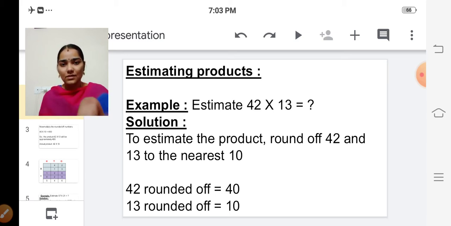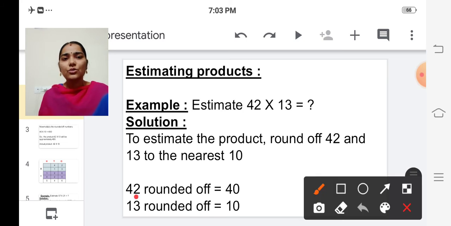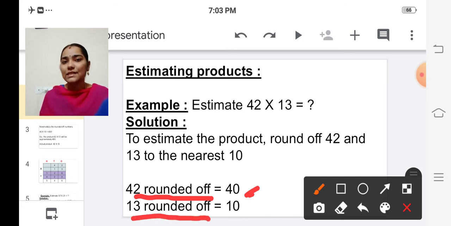See, 42 is rounded off to 40 because 42 is less than 45, isn't it? And 13 is rounded off to 10 because 13 is also less than 15. Now we are going to find the product of these two numbers, 40 and 10.